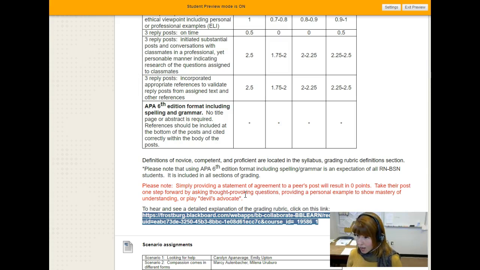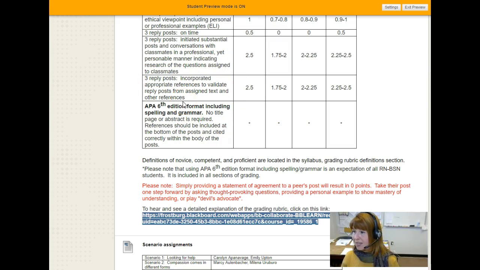Okay, so don't stop halfway, go all the way. Because this assignment specifically says, incorporate appropriate references to validate your replies from the text and from other references. Do not neglect that. That, again, is overlooked.